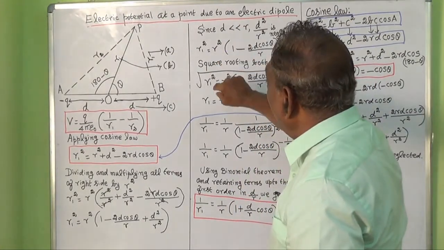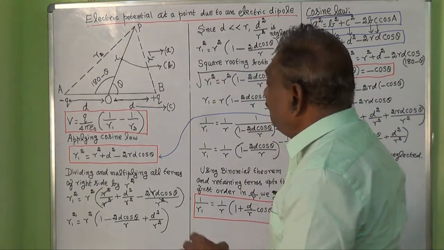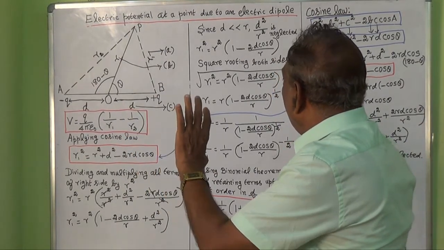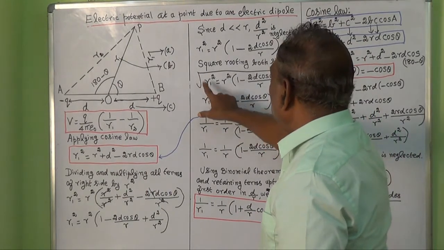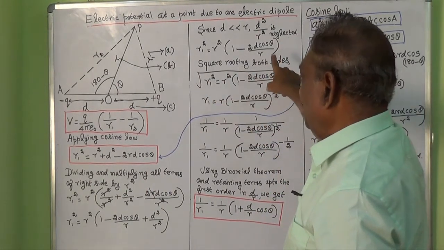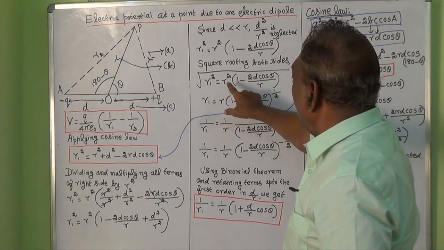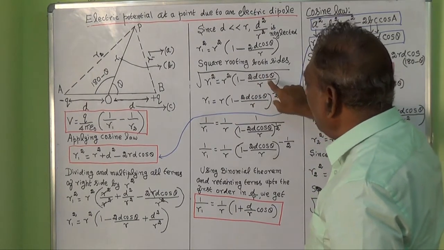How can we find R1 from R1 square? If we take the square root of both sides, we will get R1. Square rooting both sides, root of R1 square equals root of r square into 1 minus 2d cos theta by r.